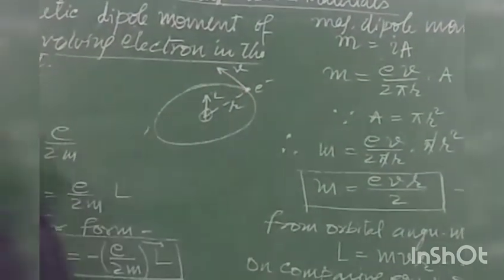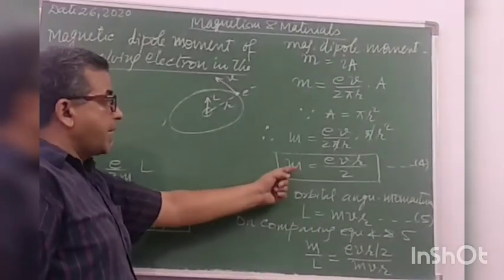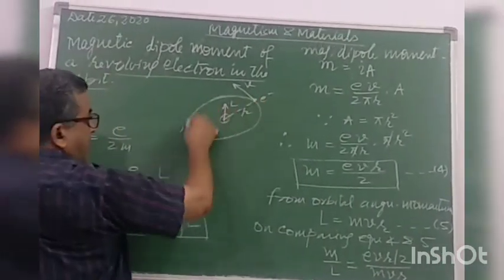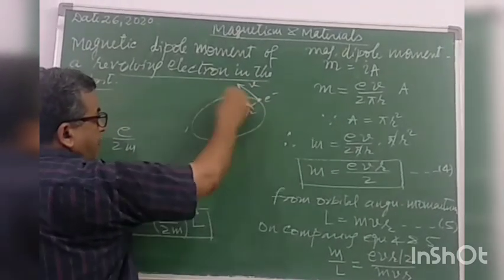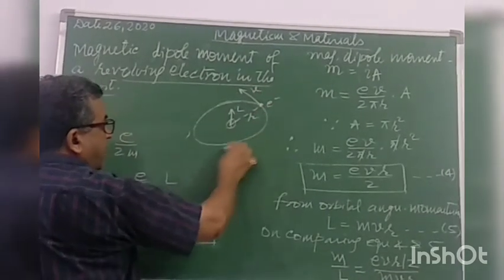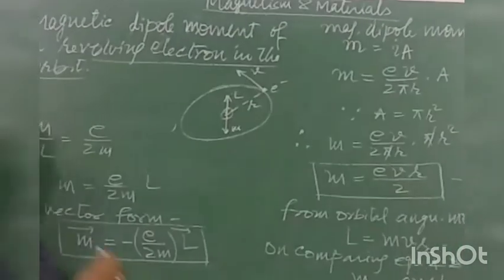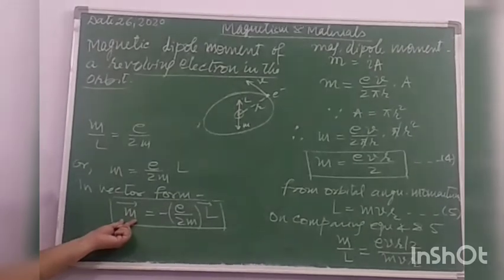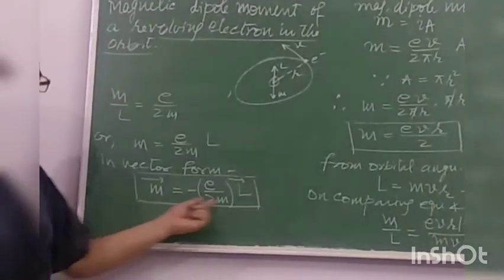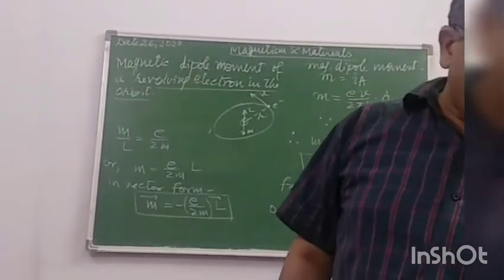This is the direction of angular momentum, and the magnetic dipole moment of the orbiting electron is perpendicular to the plane of this loop. As the electron is moving in this direction, the current will flow in the opposite direction. So it is clear the magnetic dipole moment of the orbiting electron is opposite to the orbital angular momentum. This is the relation between the two.